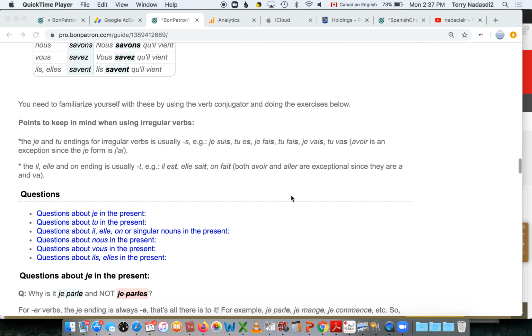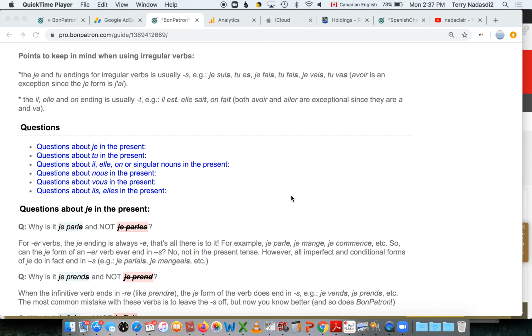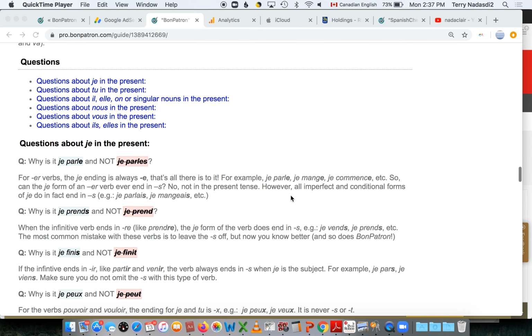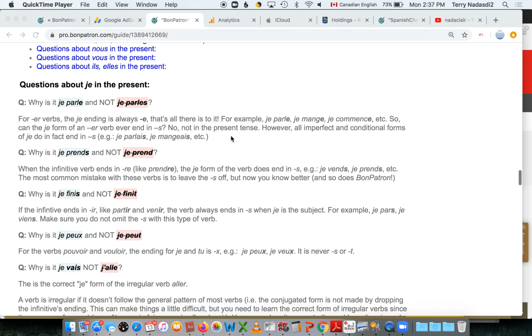So let's look at some questions you need to pay attention to. It's very common for people to associate this S with a je, but remember, that's not the case with ER verbs. It's only the tu form, if it's an ER verb, that's going to have an S. So make sure you or your students are able to go through all these errors, which are very common, and know why it's a problem and why it should be the form that's in blue here.